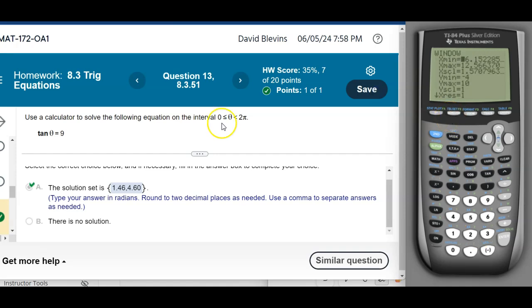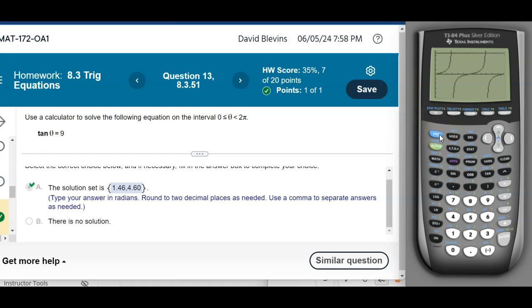Because our interval is 0 to 2 pi, I'm going to make the x minimum 0 and the x maximum 2 pi. I'm going to go up by pi over 6 again, because that gives us the smallest angle that's on the unit circle. And then my y minimum, because I have to get to 9, I'm going to go down to negative 10 and up to positive 10, which is kind of the standard viewing window. I'm going to count by 2s here.